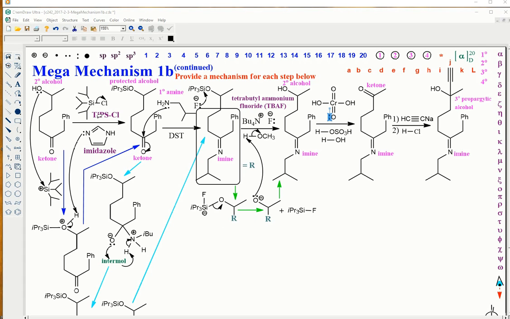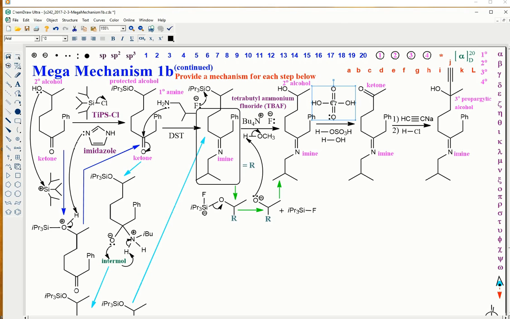Next step, chromic acid oxidation of a secondary alcohol to a ketone. Lone pair on chromium, oxygen, chromanyl, will be used. The secondary alcohol will be the nucleophile, which is not a very good nucleophile. So we must activate the chromium oxygen first.